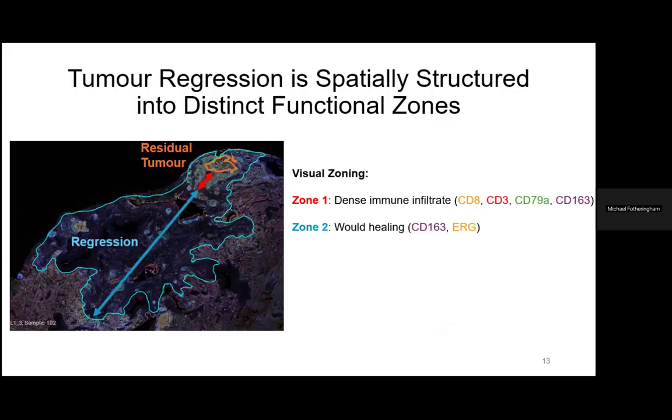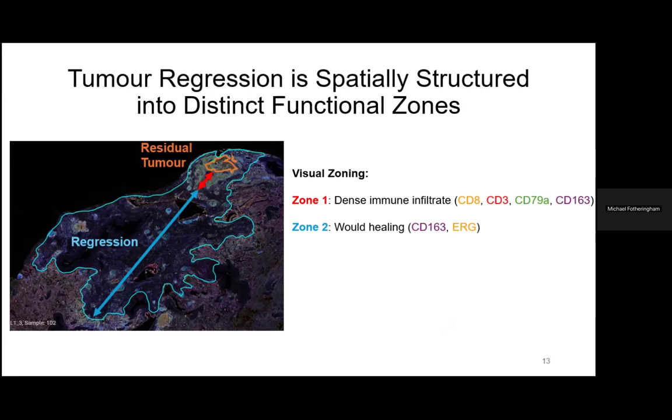I was also talking about scar formation. This is the wound healing zone. It's low cellularity and has a high relative proportion of ERG, which is our marker of vasculature, and CD163, which is associated with wound healing and cleaning up debris.